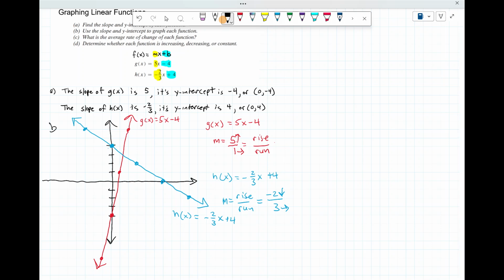Part C asks us to find what is the average rate of change of each function. Well, the average rate of change of any linear function is equal to its slope.